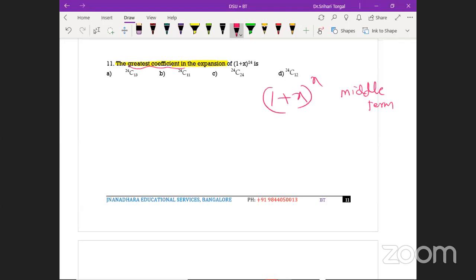Right? Now we have to find out the middle term. How many terms are there totally? 24. Let me take 24 divided by 2. How much? 12. One more than that, 13. T13 is the middle term.